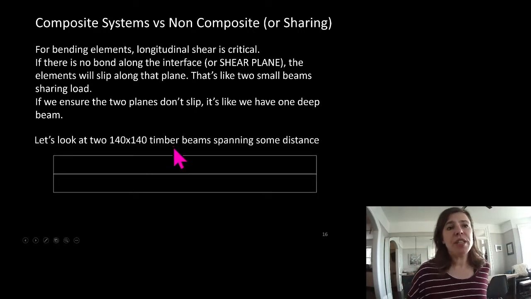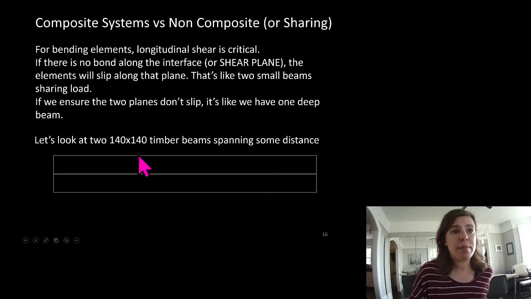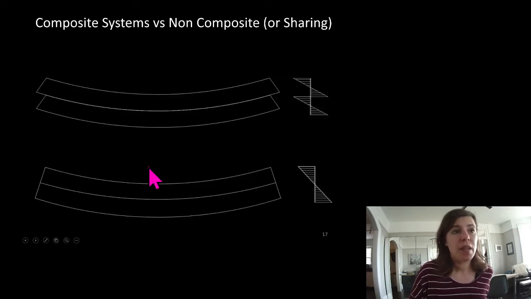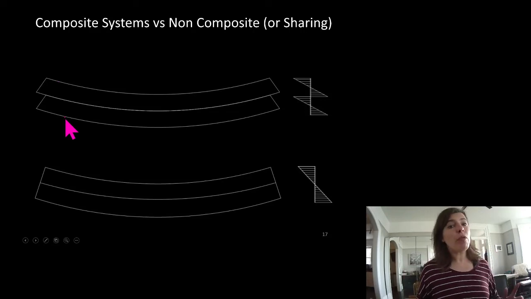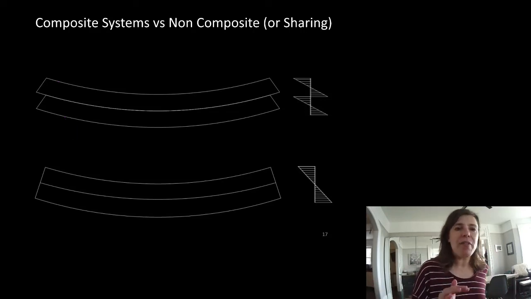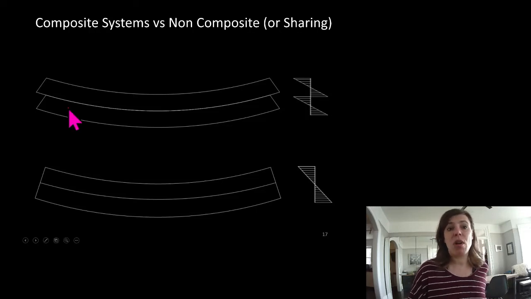We're actually going to do the calculation in a minute of two 140 by 140 timber beams spanning the same distance as a bending element. If it is non-composite, you can see that it slips along this plane, and we have two beams sharing the load. Two 140 by 140 beams are definitely better than one 140 by 140 beam. It's twice as strong.